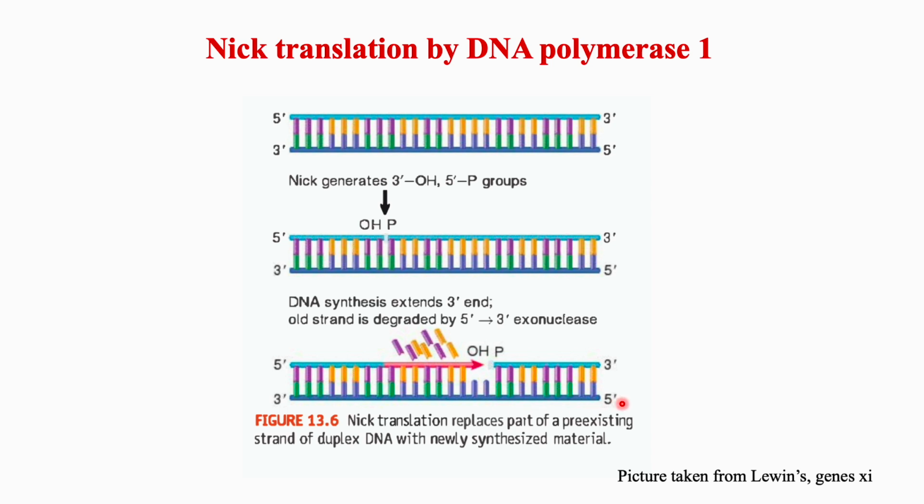And now thus we can label our duplex DNA. Okay, we just need to have a nick and we can label a duplex DNA in our lab, and then we can use it for various applications. Okay, so this is the application of nick translation.